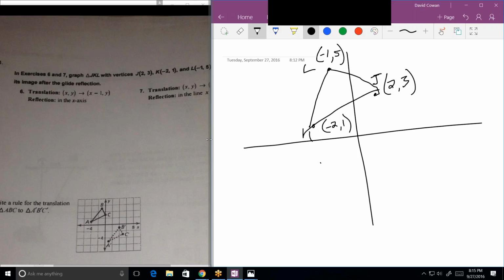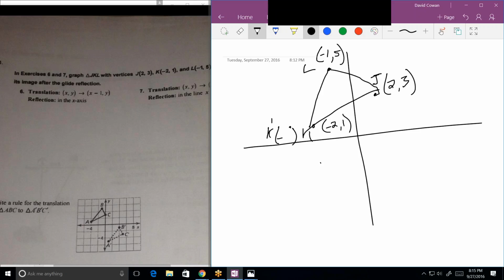So what's K prime? You use a prime to mean the translated point. Wouldn't it go over one to the left? We do the same thing we did on the last two problems. In other words, the x coordinate is decreased by 1, so then it would be negative 3 comma 1.